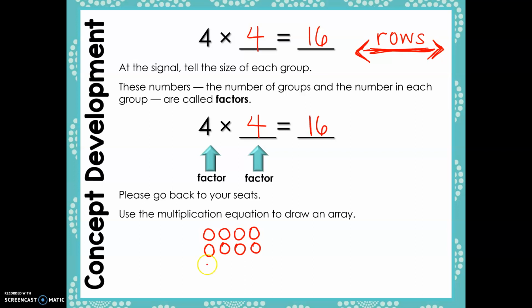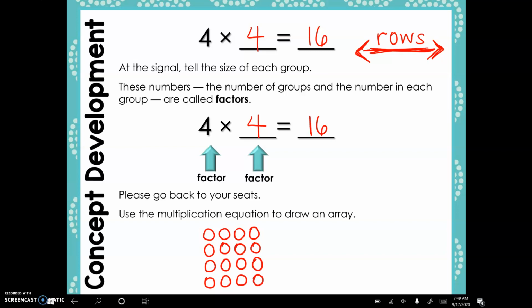Nope, I need to keep going. I have 3 rows of 4. Am I done? Nope, I have to keep going. I have 4 rows of 4. Am I done? Okay, now I have 4 rows of 4. So that is our array.